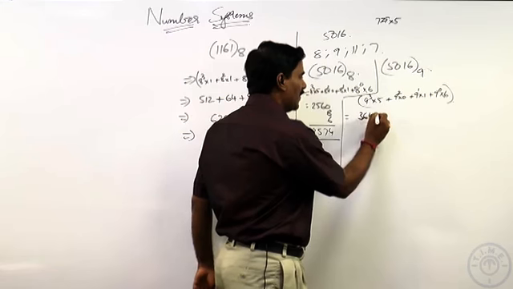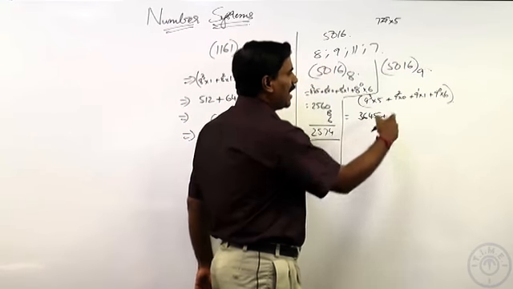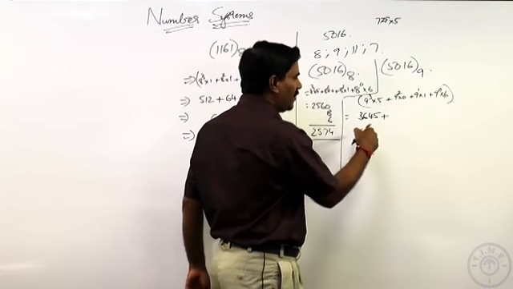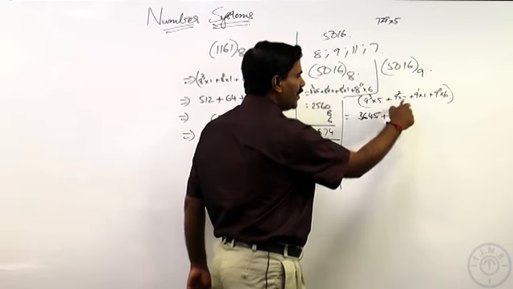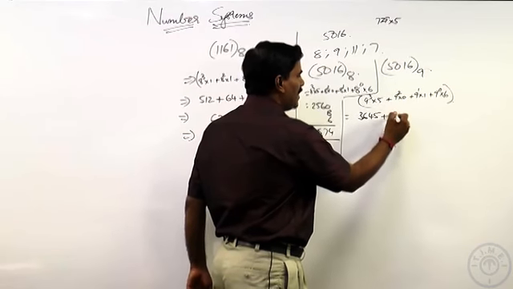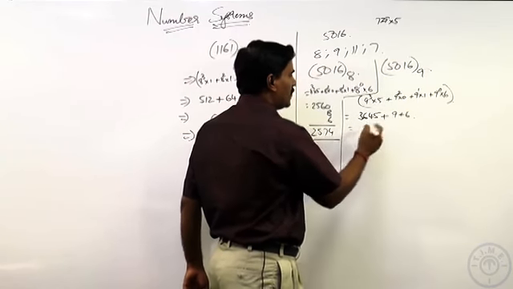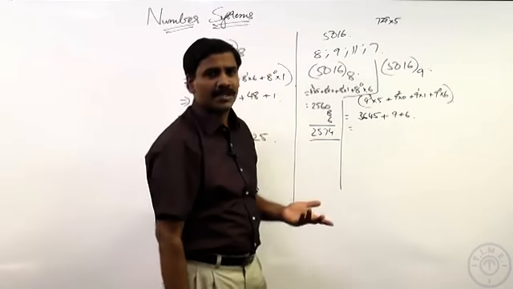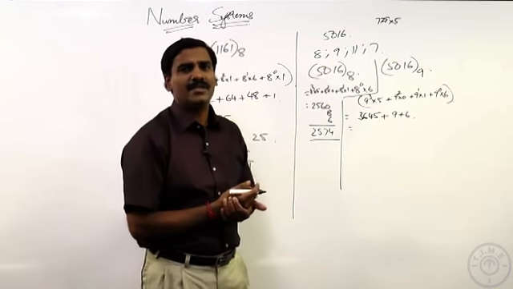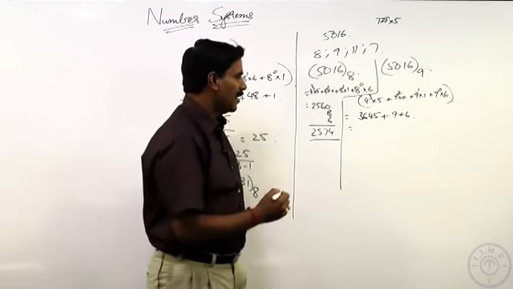To that we are adding 9 square into 0, which is 0 only, plus 9 plus 6. So it's basically 15 we are adding, which means 3660. Again 3660 is not a perfect cube.